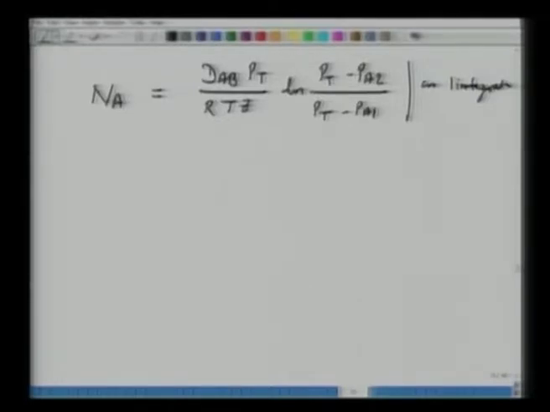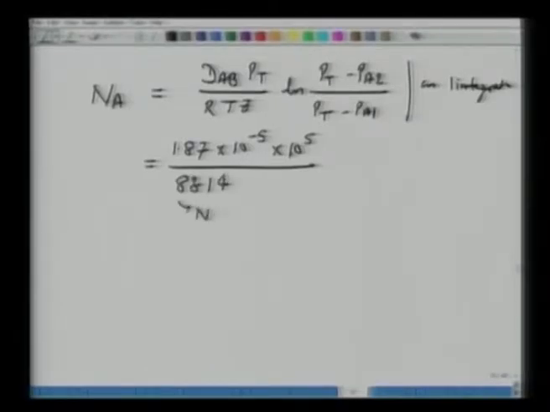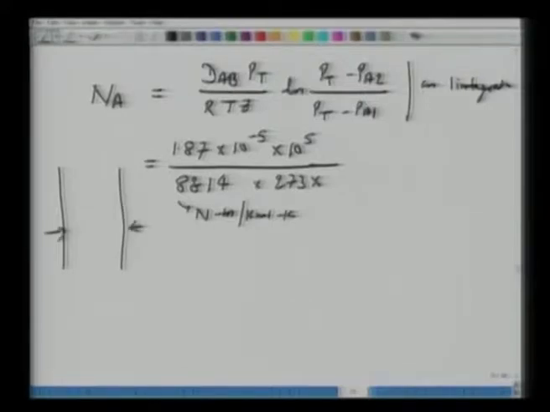All we have to do right now is substitute all the numerical values: 1.787 times 10 to the power minus 5 for diffusivity, total pressure 1 atmosphere, 10 to the power 5, gas constant R 8314, so this unit would be Newton meter per kilomole Kelvin. Temperature is 0 degree Celsius or 273 Kelvin, and the diffusion length, the distance between the two planes Z between 1 and 2, is 2 millimeter, which is 0.002 meter.